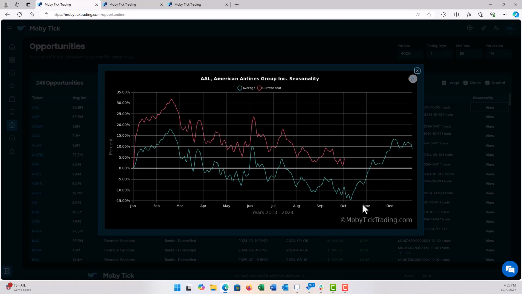And that kind of makes sense because we have the Canadian Thanksgiving coming up in a week, and then we have the US Thanksgiving, and then we have Christmas and all of that. And so this from October all the way through till February here, that might be a great trade for AAL. So now we know that AAL is above the prints and the seasonality is starting.